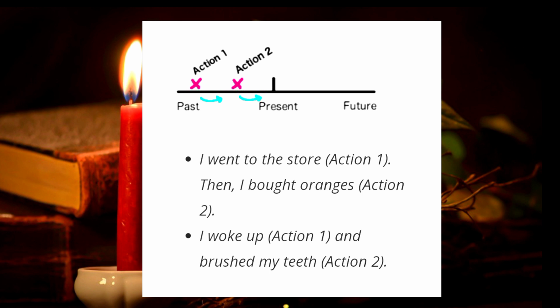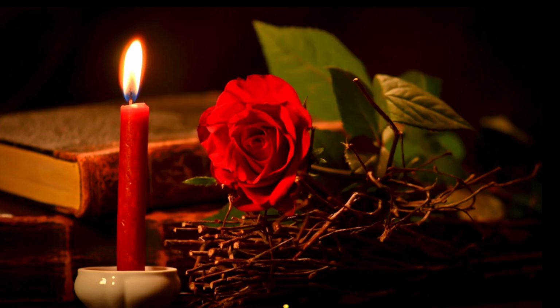Okay, so past perfect tense allows you to talk about things that happened in the past in a much more interesting and powerful way. It allows us to talk about two or more things that happened in the past, and we want to show which of those things happened first.